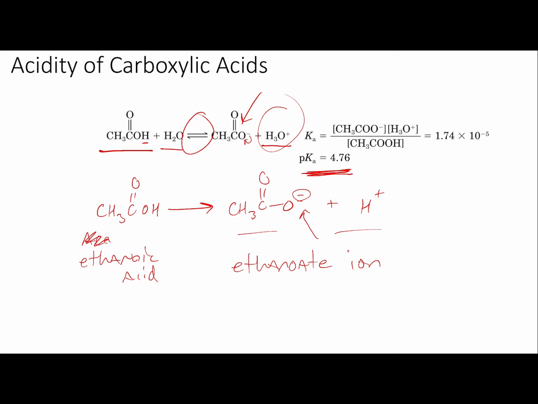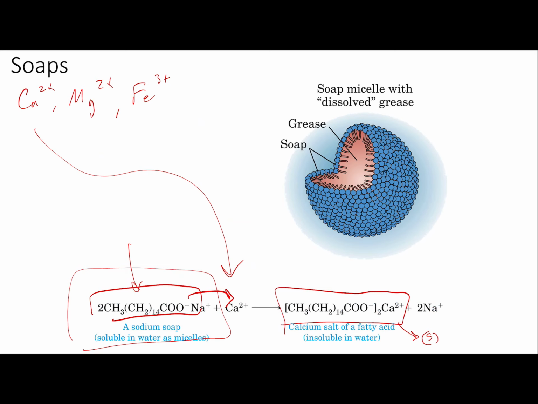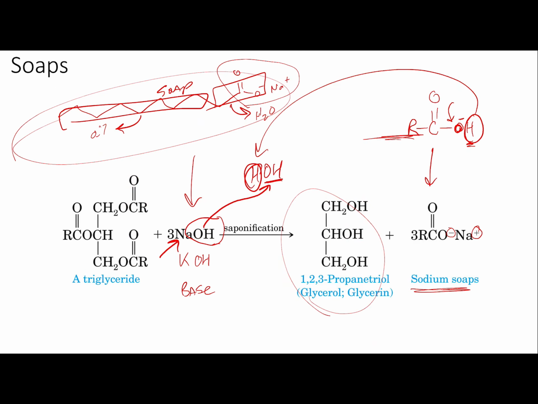If it was paired with a salt, like when we were looking at soaps, let's just say that this is a carbon, that this is that same molecule we're looking at. So 2 carbons, CH3, C double bond O, O minus, Na plus. This would be sodium, because we always say the positive charge first, ethanoate. Sodium ethanoate, because that's ethanoic acid. Ethanoic becomes ethanoate when it has the charge.